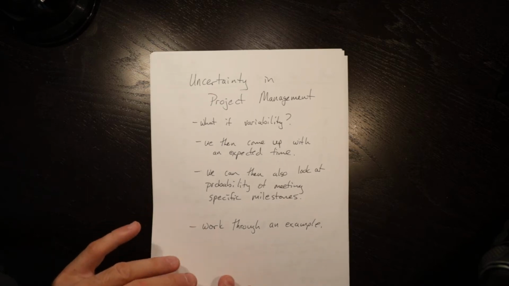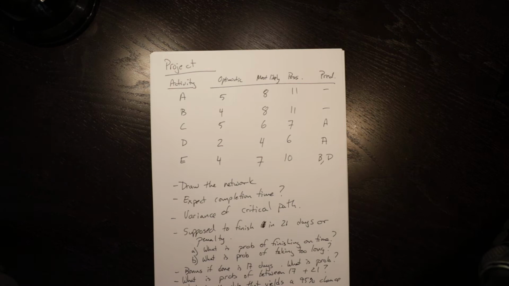So let's proceed. So here we have the type of question we might get. Usually we reflect uncertainty with three numbers: an optimistic completion date, a most likely completion date, and a pessimistic completion date. And that is pretty much the most common way we build uncertainty.